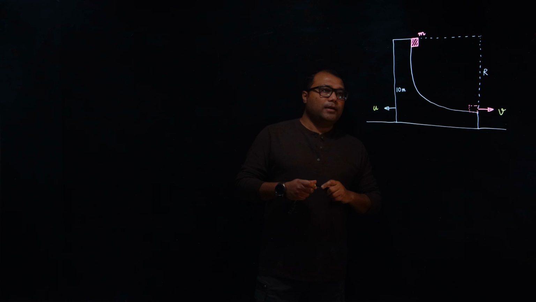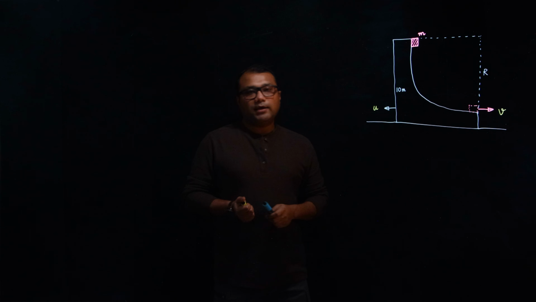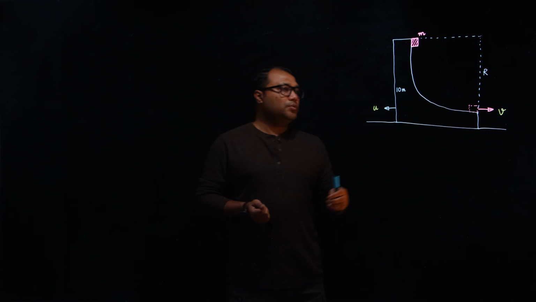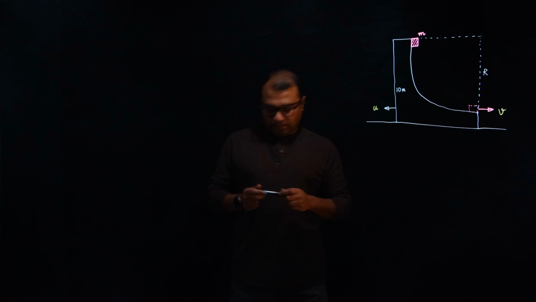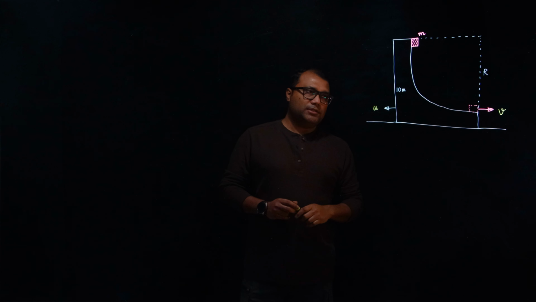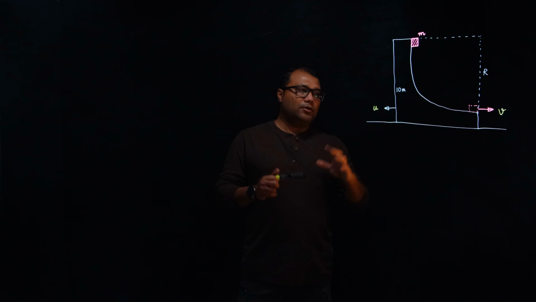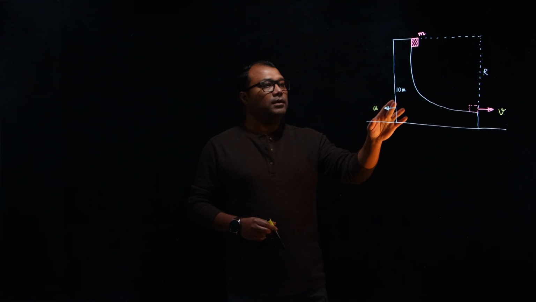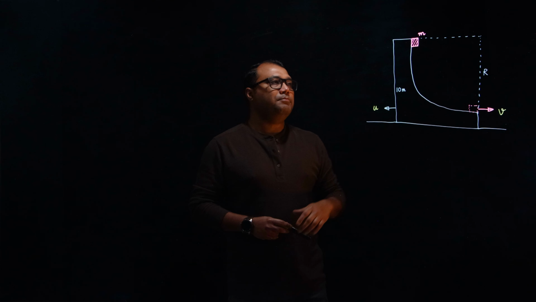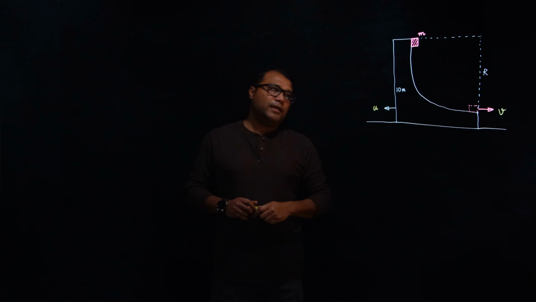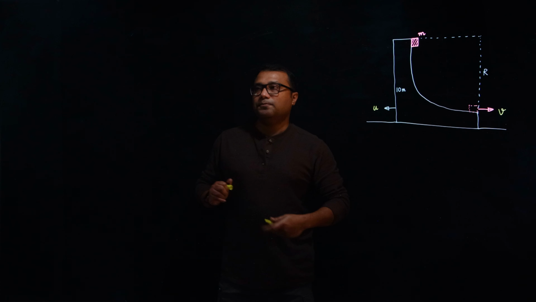Now let us look at what we can apply to get to the value of v. First up, let's look at this problem and see if the net force acting on this system, the system being the 10m plus m combined, is 0.